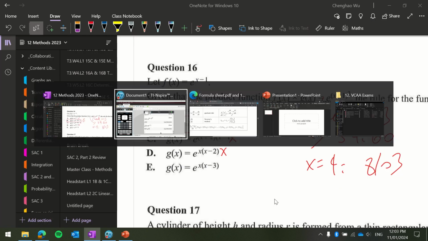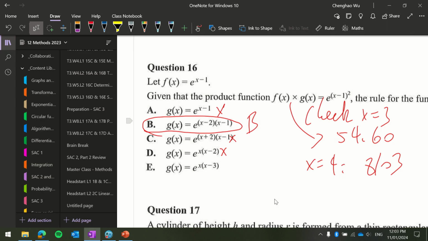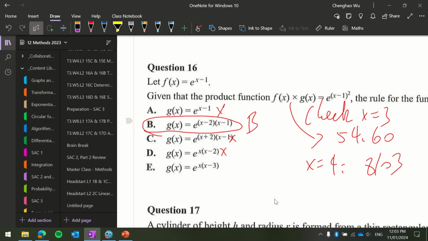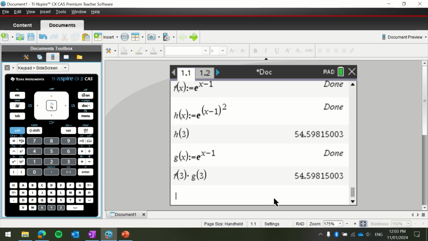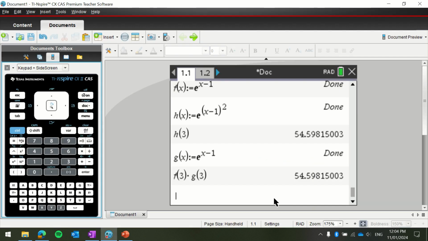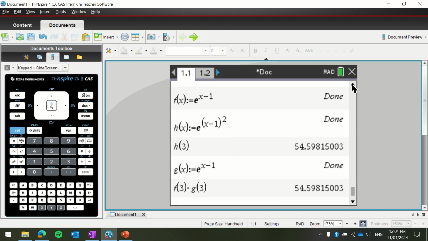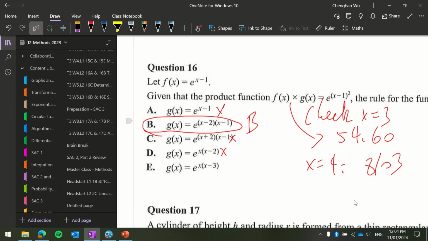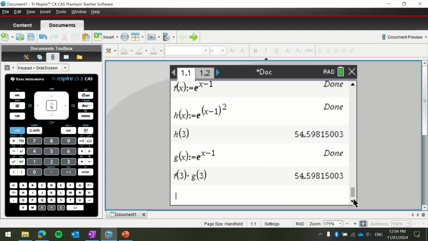Oh, it looks like A is the answer. How come I set B before? Hang on. Check. Is this g, and then f3 times g3 is this.